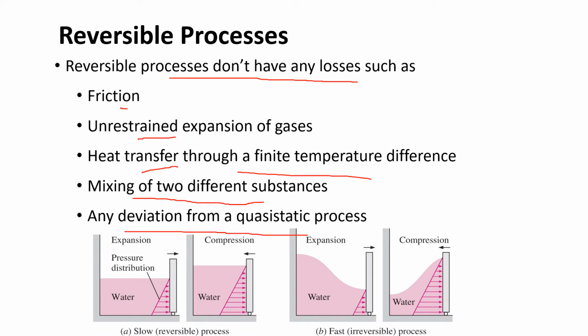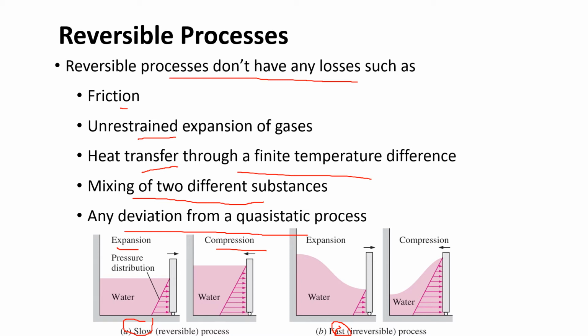You see here the slow reversible process and the fast irreversible process. So when we do expansion and compression slowly, it is closer to a reversible process because it delivers the most and consumes the least work.